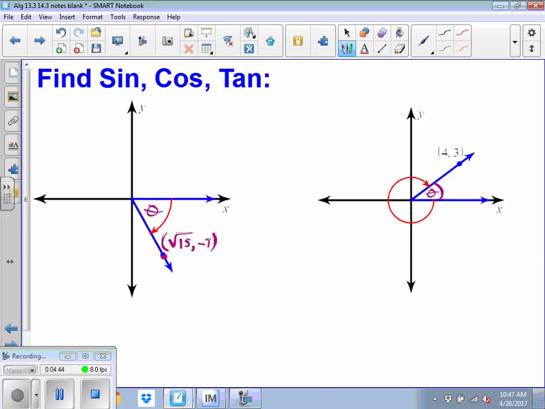When you create the right triangle, you draw directly from that point to the x-axis. You're never going to connect anything to the y-axis. You're always going to connect it to the x-axis. Okay? And so I'm going to take this and drop that down, and there's my right angle. There's my right triangle. The line you connect to the x-axis is where your right angle is.